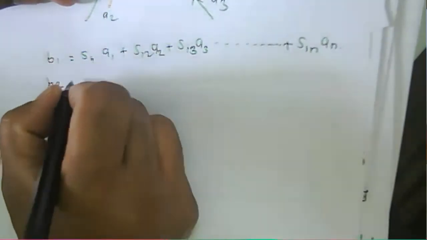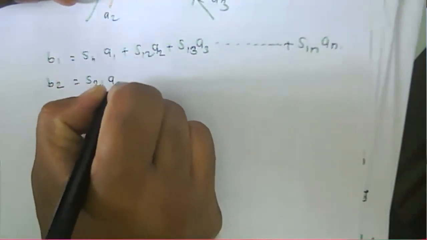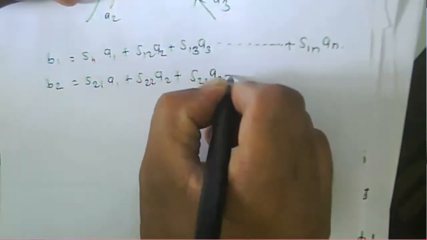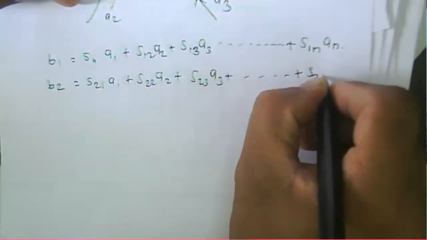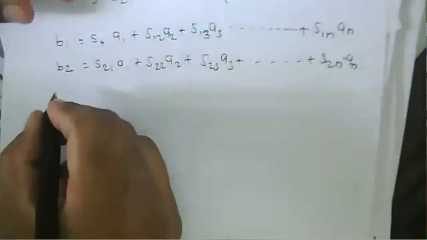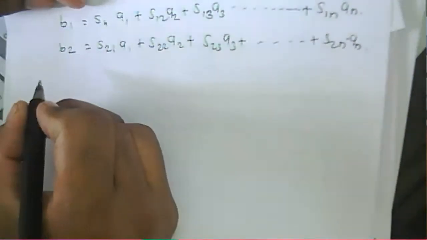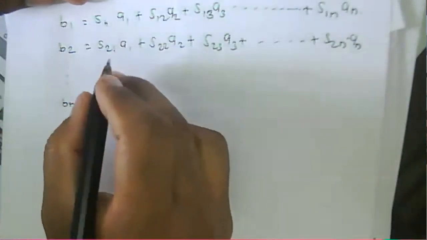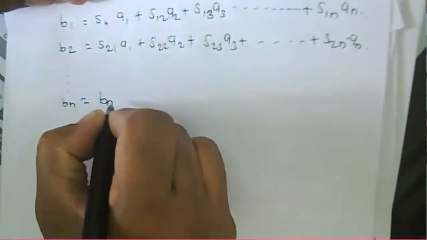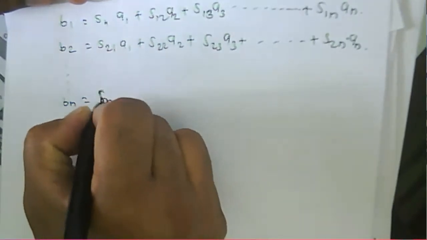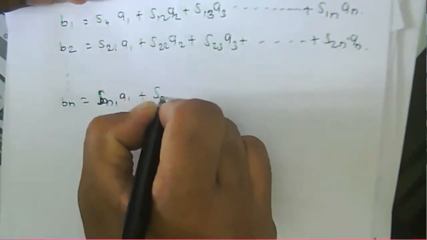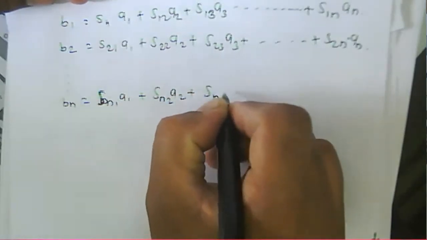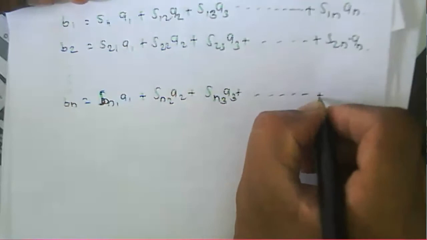Similarly for B2: S21 A1 plus S22 A2 plus S23 A3 plus S2n An. At the end, for Bn: Sn1 A1 plus Sn2 A2 plus Sn3 A3 plus Snn An.